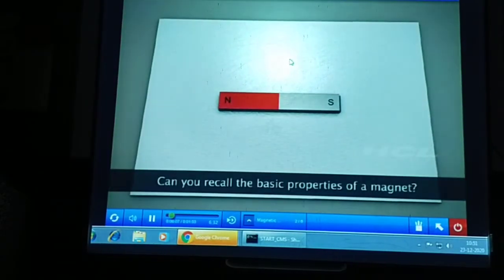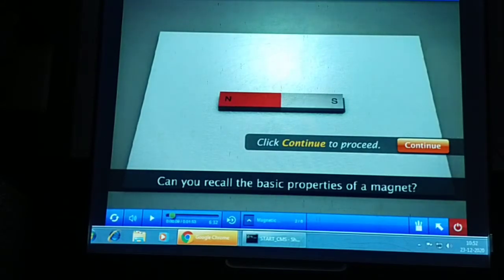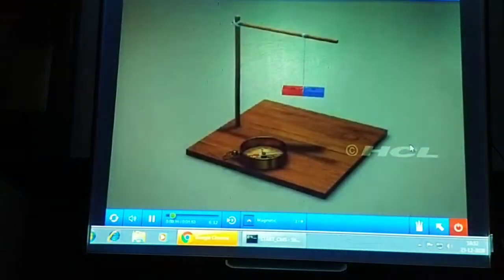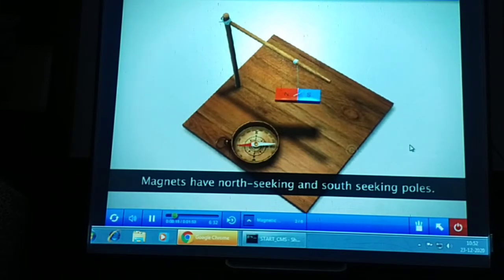Can you quickly recall the basic properties of a magnet? Basic property of magnets are they have two poles, south pole and north pole. Magnets show polarity. One side of the magnet is north-seeking and the other side is south-seeking.